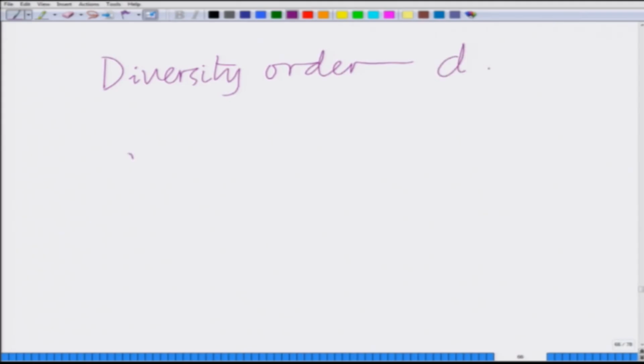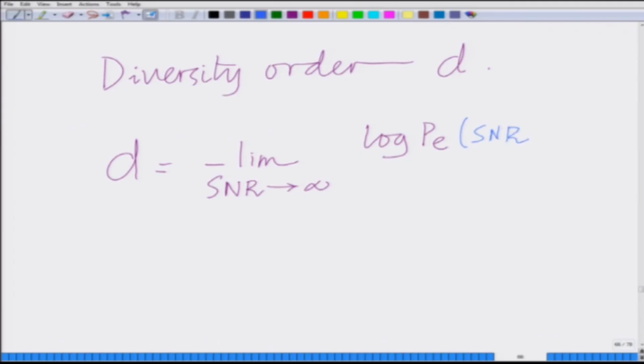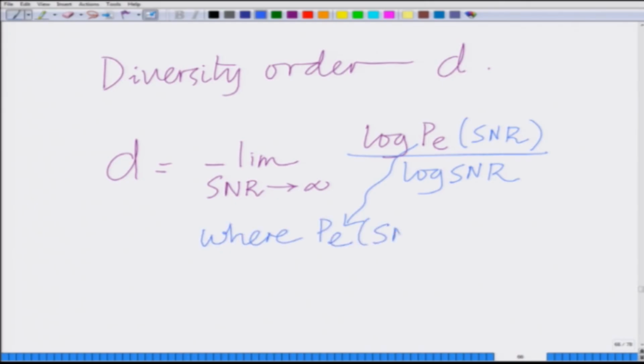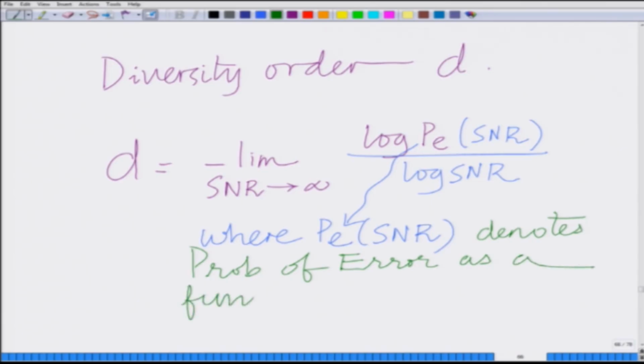The diversity order D can be defined as follows: D equals minus limit SNR tending to infinity of log of PE of SNR divided by log of SNR, where PE of SNR denotes the probability of error as a function of SNR.